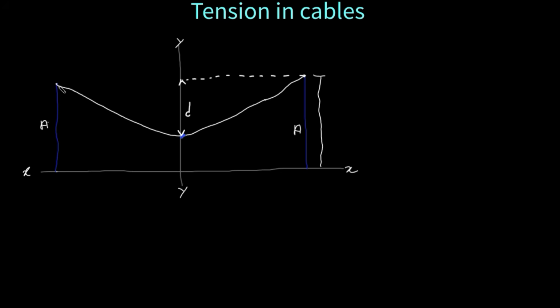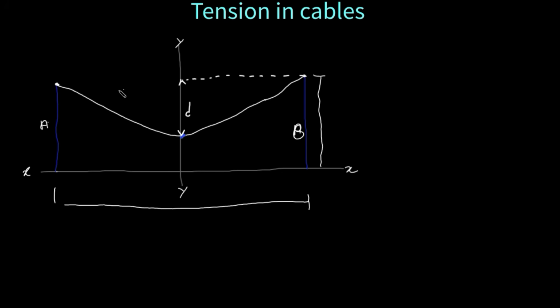And then we have a cable which is supported on top of tower number A, and it runs to the top of tower number B. This is A, this is B. And obviously you can tell that the distance of the cable is longer than the distance between the towers.